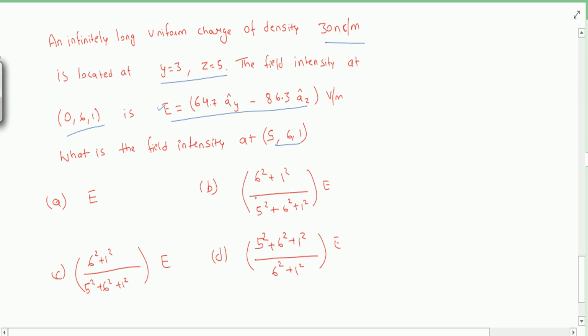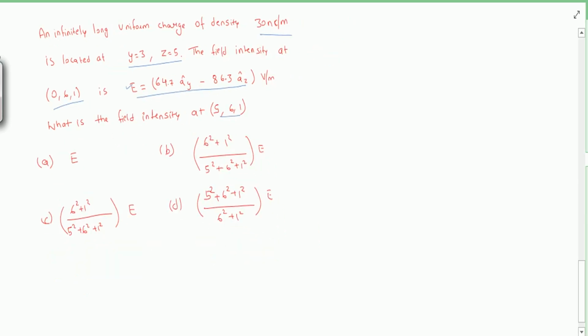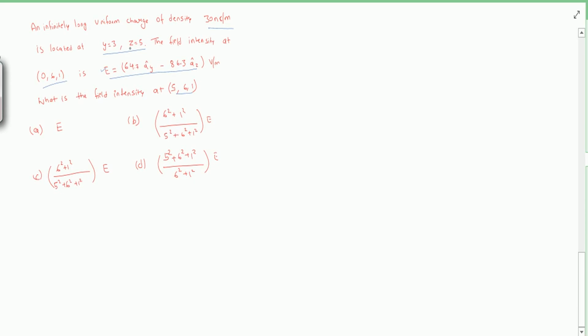First of all, we have to understand where our line charge is present. Its coordinates are y equals 3, z equals 5. What you understand from this is that it is parallel to the x-axis.